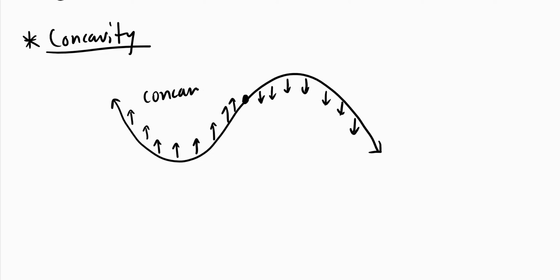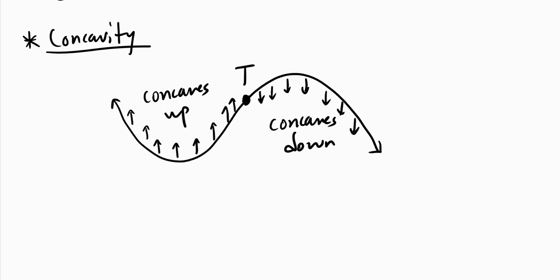The graph, we say the graph concaves up. And here it concaves down. There's a point here, I'm going to call it T, for now, because I'm going to call the interval I. So the graph concaves up over a certain interval and then concaves down on another interval.